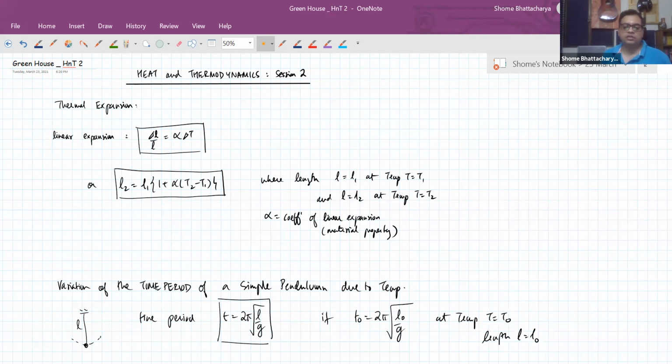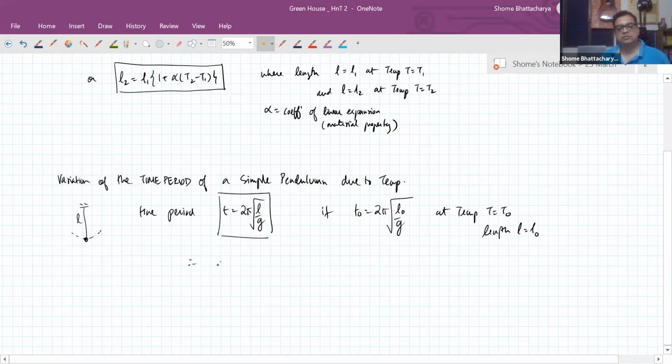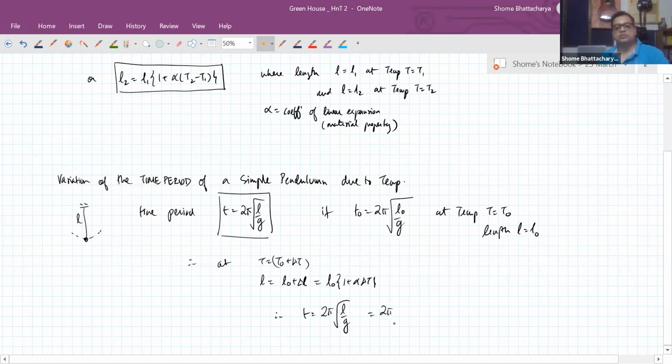Okay. Then accordingly, we can see that at a new temperature, T naught plus delta T, L will become L naught plus delta L. So the time period will become this. Okay.